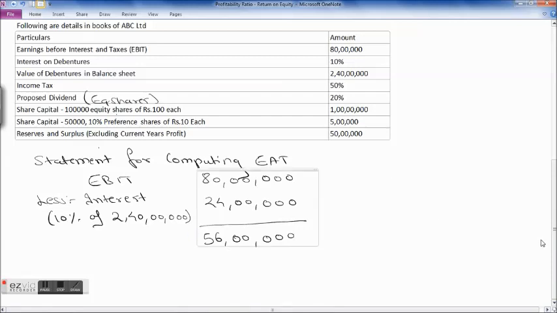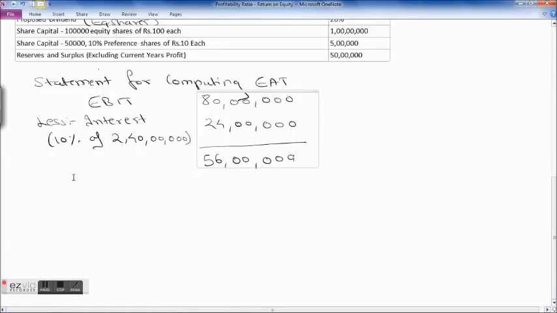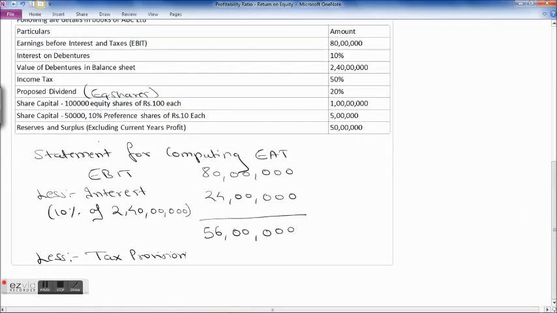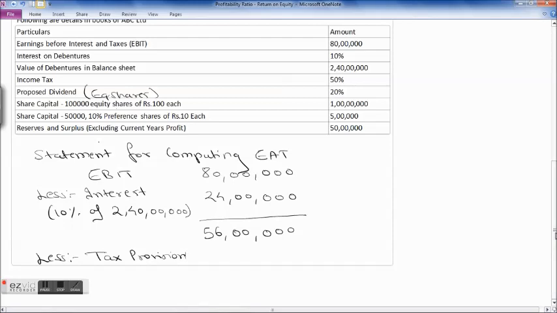Okay, so now 56 lakh, after reducing interest, what you need to do is less your tax expense or tax provision. How much is the tax provision? Tax provision is 50%, right?